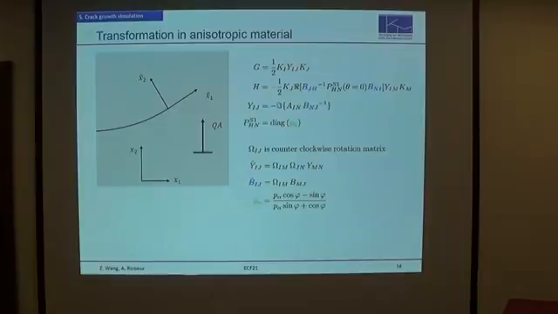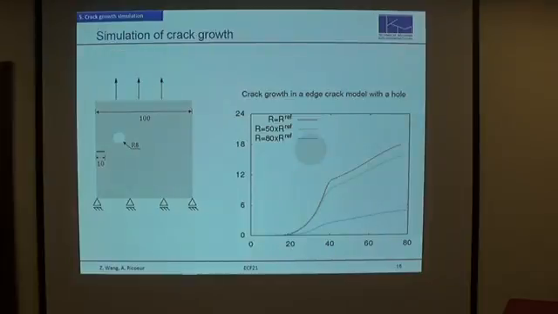The problem is how we can transform them into this local coordinate system. We found, and also proved, that the matrix is not a second order tensor like a stress, but however it can be transformed in the same way. For the B matrix it is only one rotation matrix, and the P matrix components will be transformed in this way.